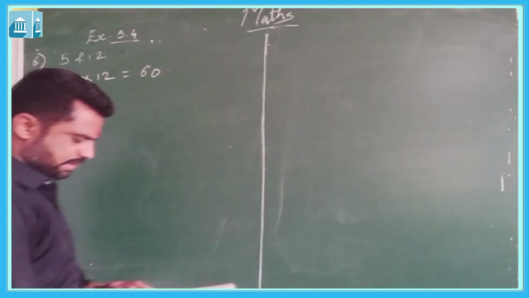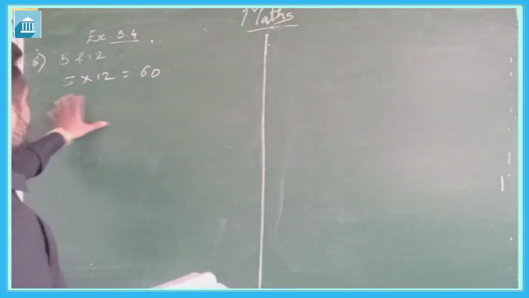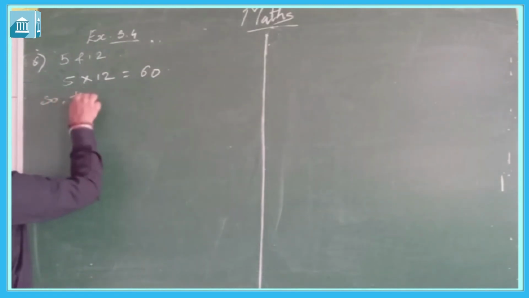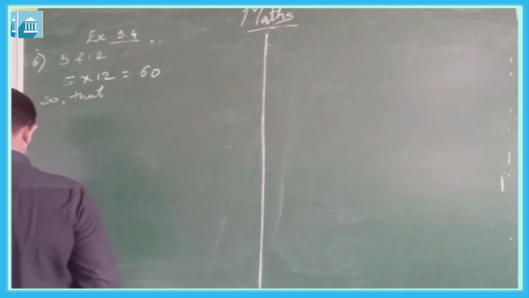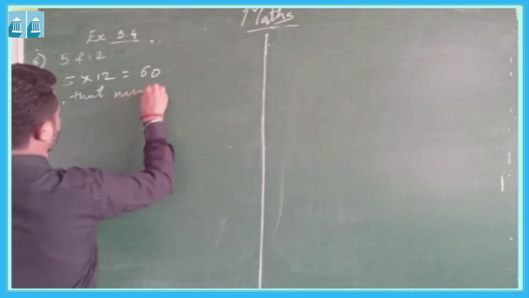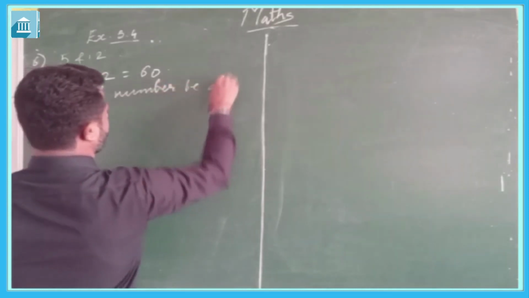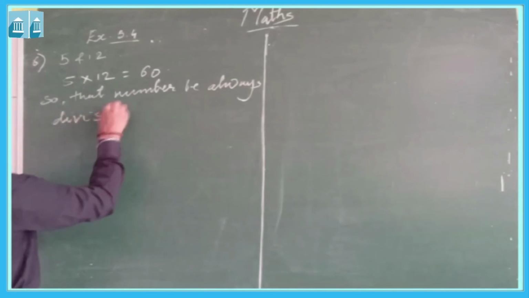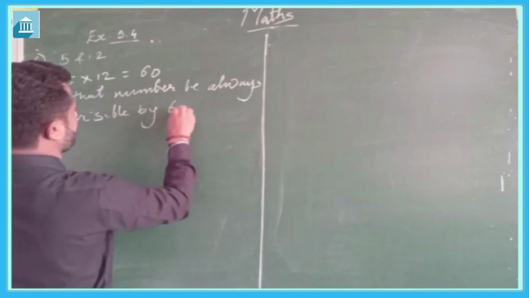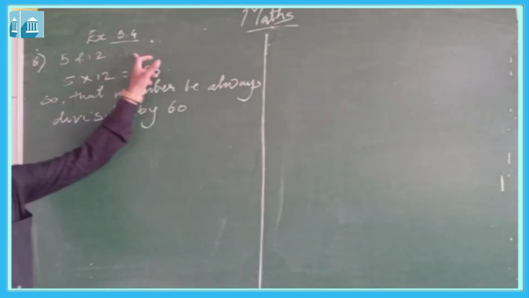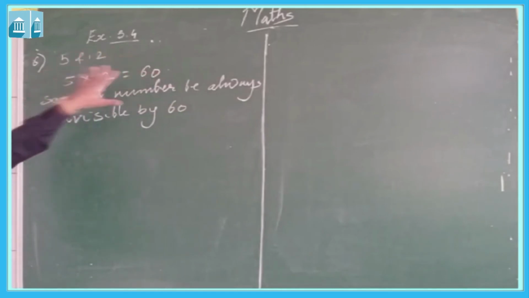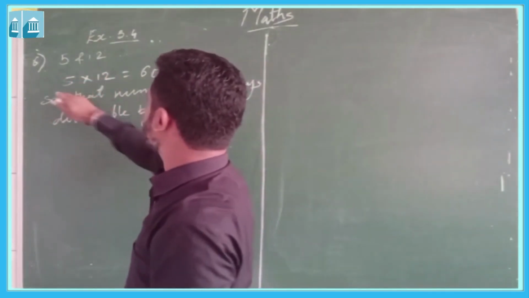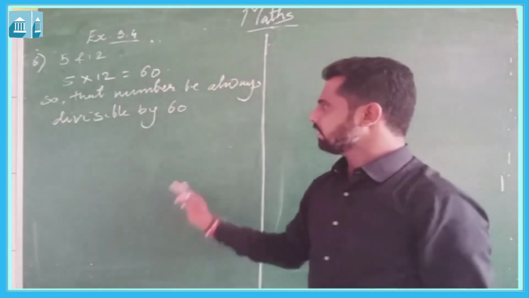So if the number is divisible by both 5 and 12, then it is always divisible by 60.